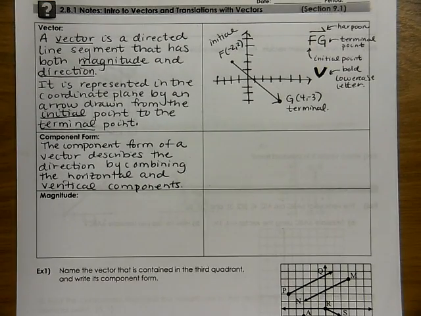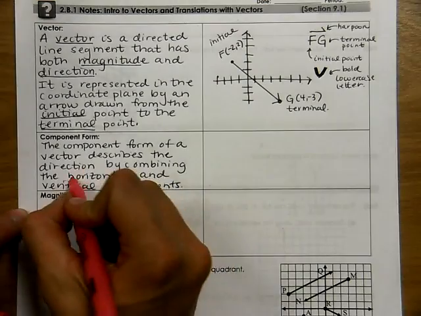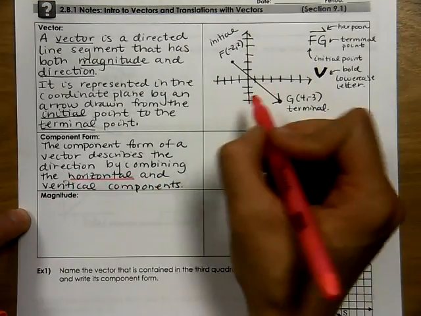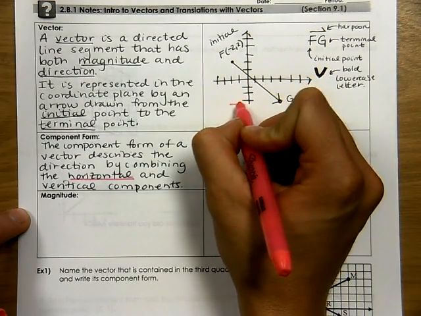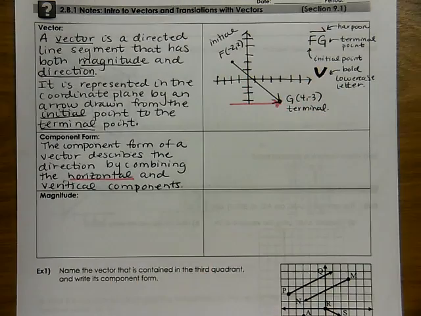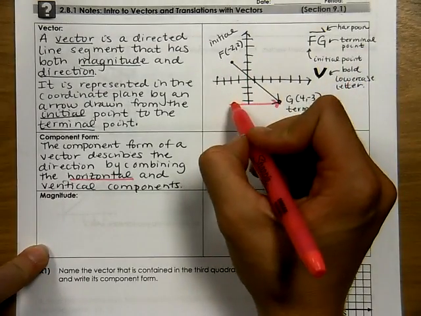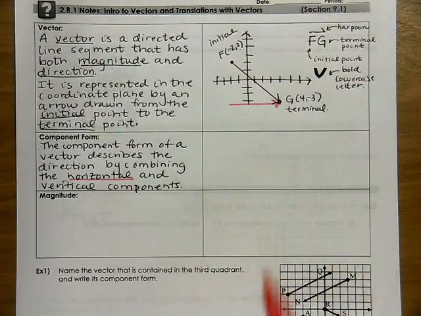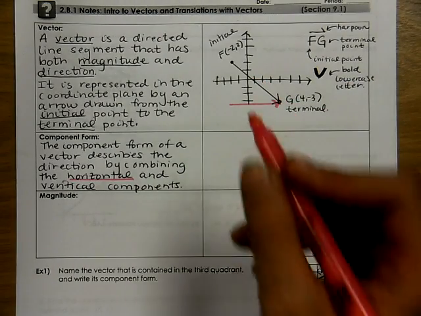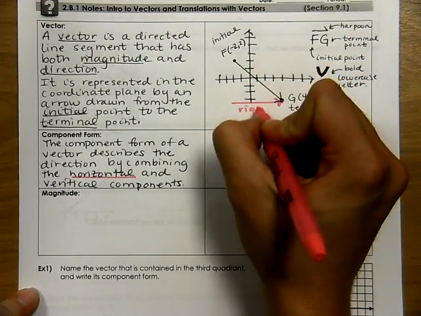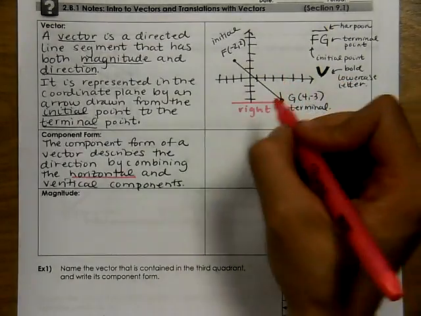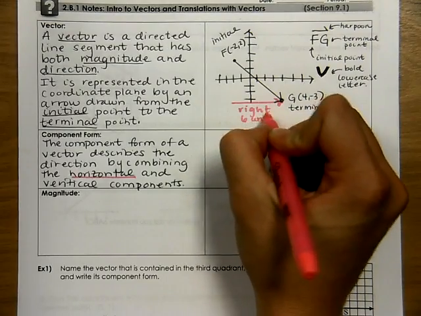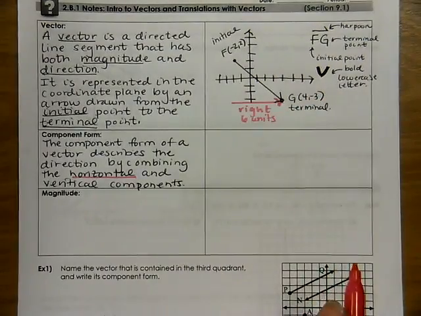The horizontal component would be how far am I going horizontally? So from F to G, I go from -2 to 4, which is right 6 units.